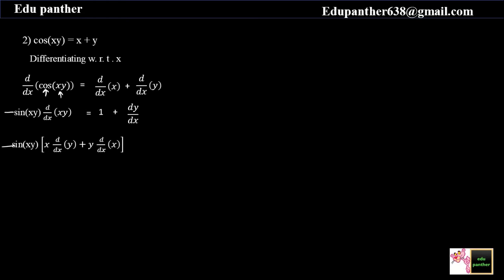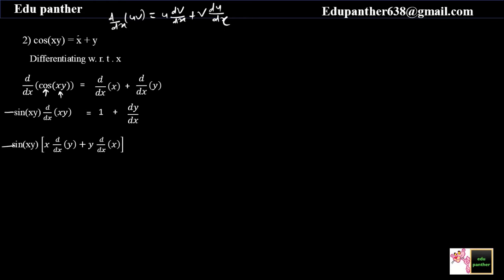Then we have to take the derivative of x into y. Now this is a product of two terms, so we have to use the product rule of differentiation. What is the product rule? The derivative of u into v is u into the derivative of v plus v into the derivative of u. Our u is x here and v is y.